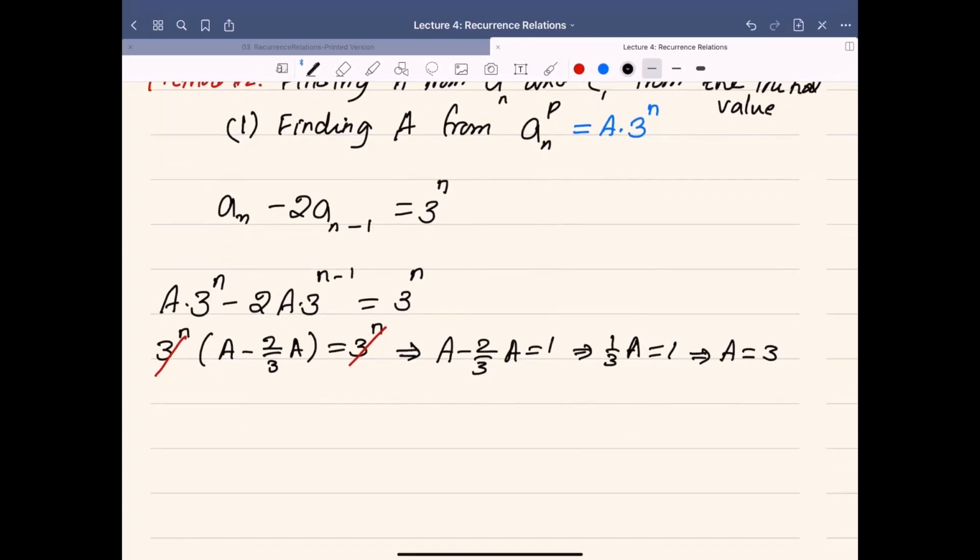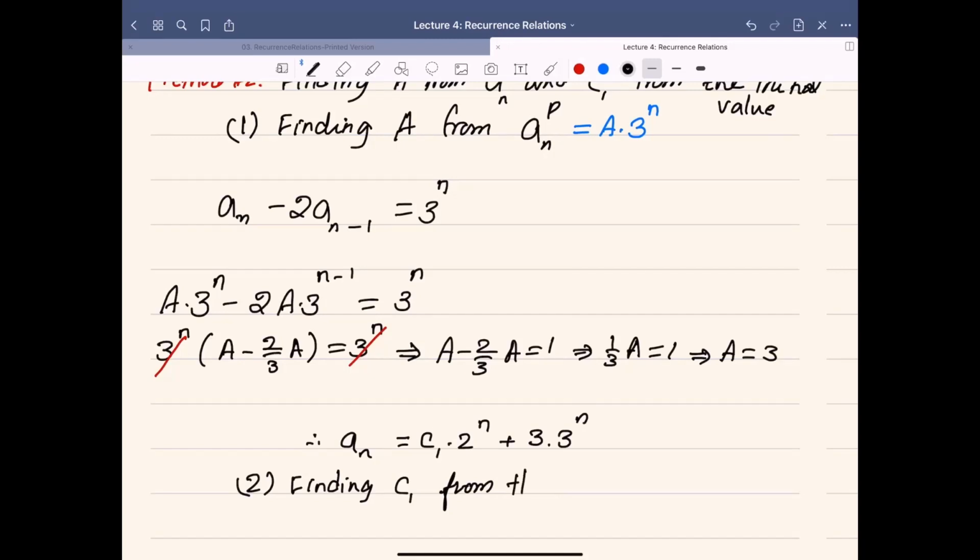So what will be the general solution? an is equal to c1 times 2 raised to power n plus 3 times 3 raised to power n. Now step number 2 is finding c1 from the initial value, which is a1.